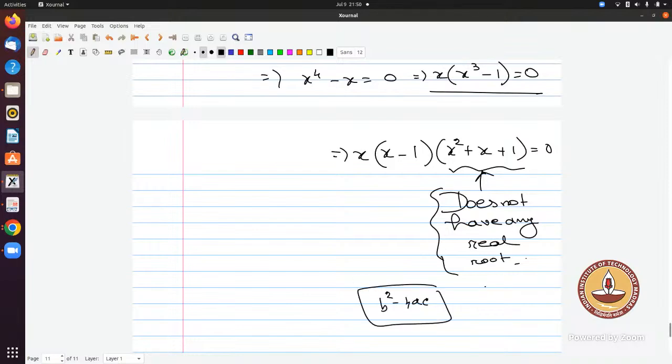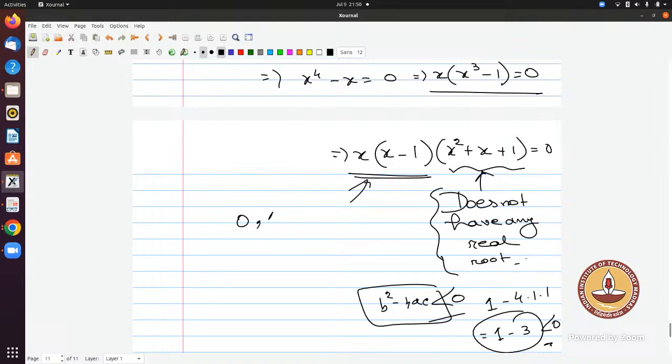So here b is 1, 1 into 1, so 1 minus 3, this is negative. If the discriminant is negative, then these roots are not real. This equation does not have any real root. So what are the only real roots here? 0 and 1. Yes, at these two points, at x equal to 0 and x equal to 1, they will intersect each other. Clear?